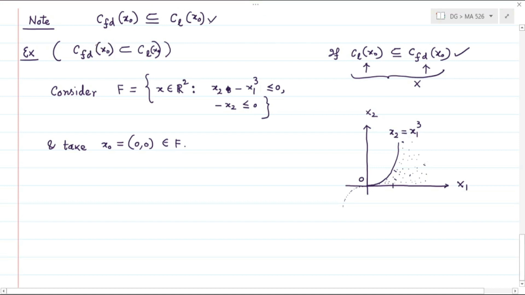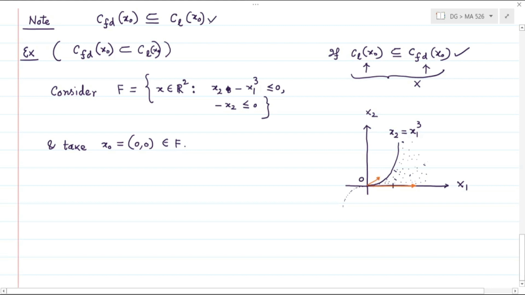Here you can find that the x1 axis is tangent to the graph of x2 equals x1 cube for x2 greater than or equal to 0. So for this curve you have the tangent, this orange direction, right? Therefore any direction apart from this tangent direction, let me consider any other direction, is not feasible.